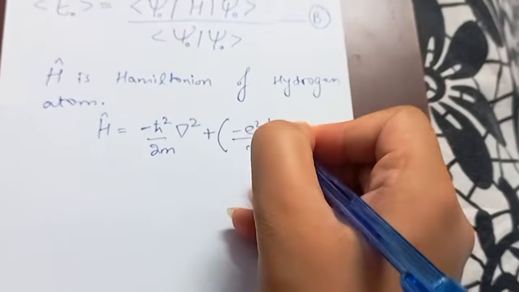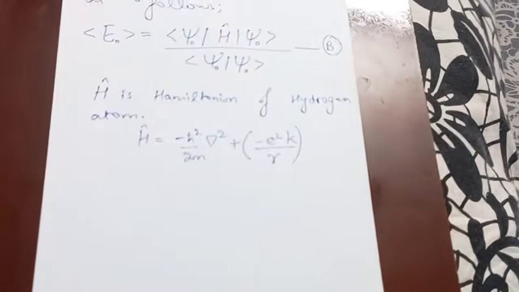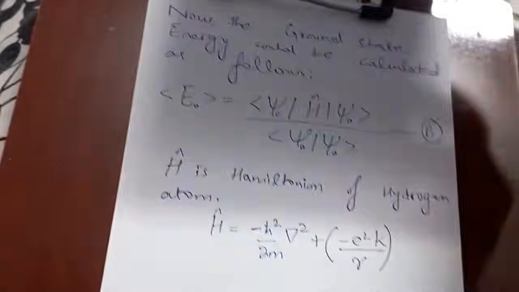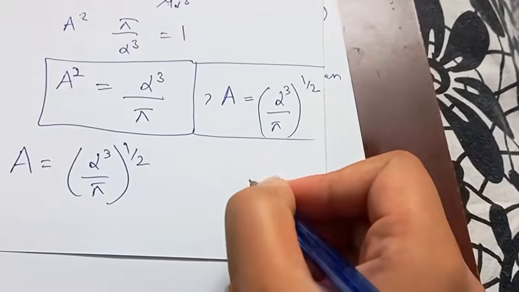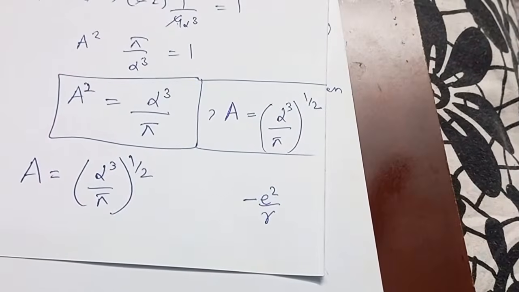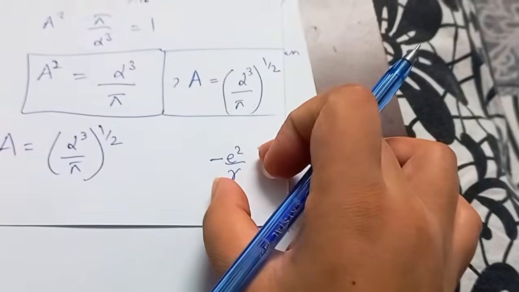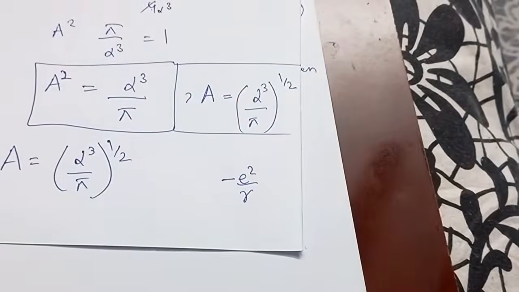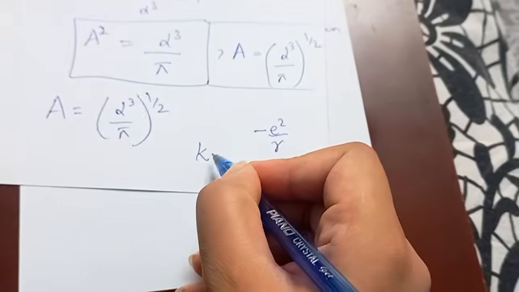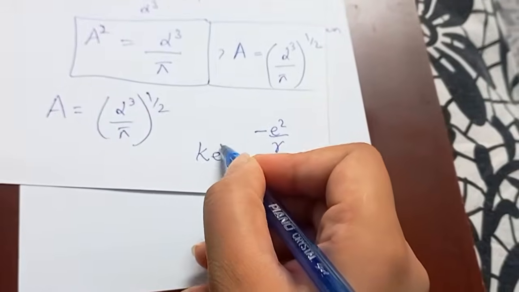I'm using k here, a symbol, because in some books they take it in atomic units and take minus e square by r as the potential energy, because in that case the units are different. In SI units we take k e square over r.